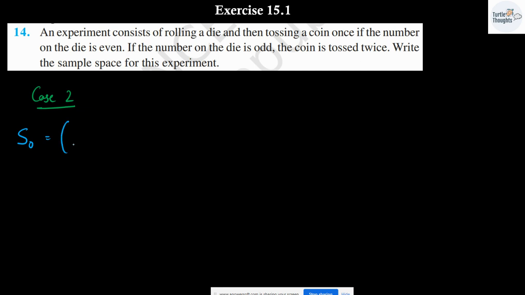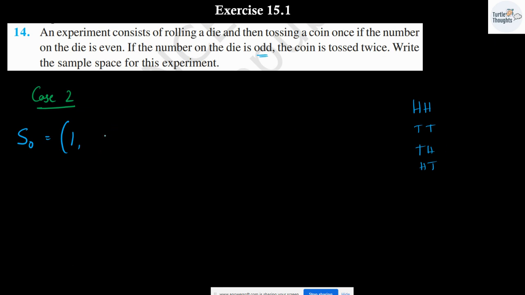When I roll a die and I get a 1, then it is an odd number, right? Then what is going to happen? Then the coin is tossed two times, or twice. So I know that the sample space of a coin when it is tossed two times is going to be HH, TT, TH and HT.